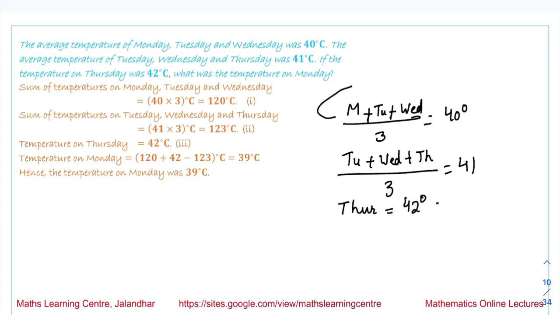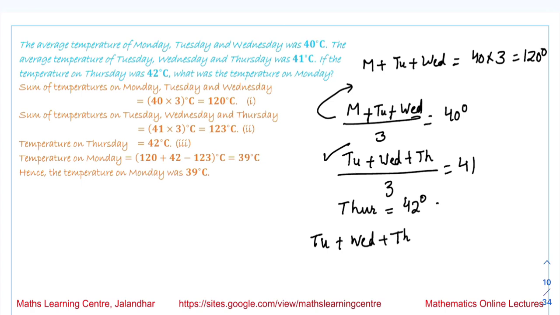So from this equation we get the temperature on Monday plus Tuesday plus Wednesday is equal to 40 into 3, that is 120 degrees Celsius. From this equation, the temperature on Tuesday plus Wednesday plus Thursday is equal to 41 into 3, that is 123 degrees Celsius.